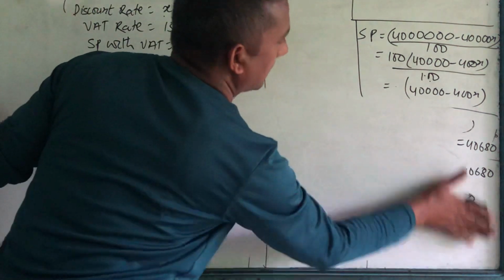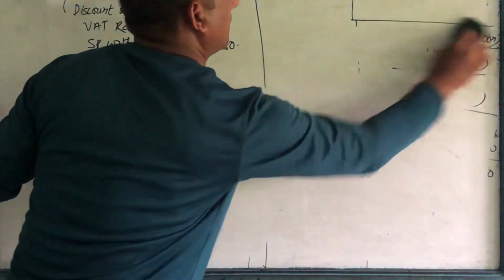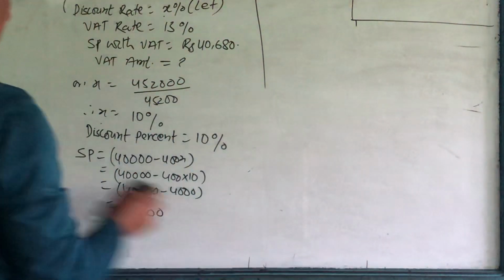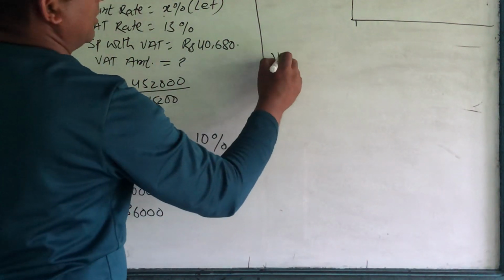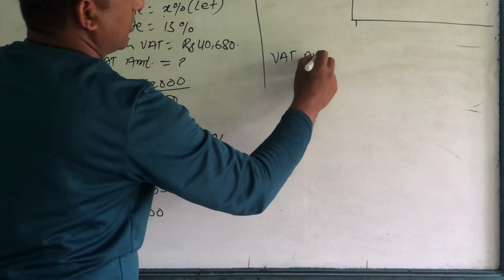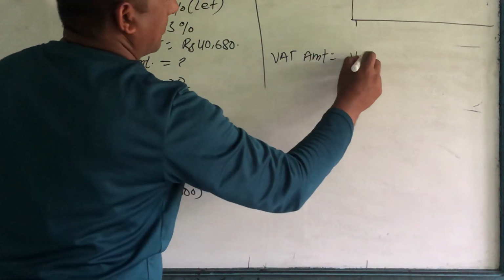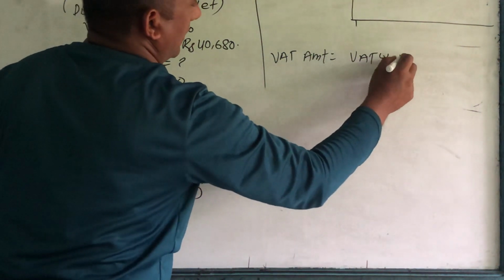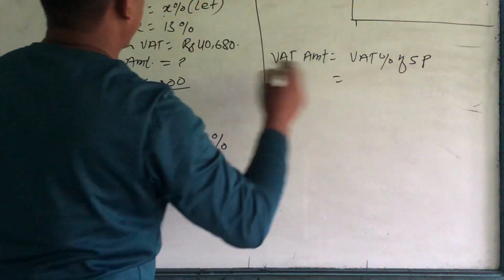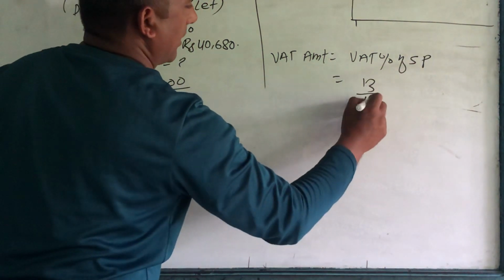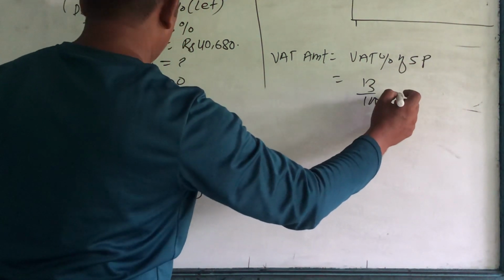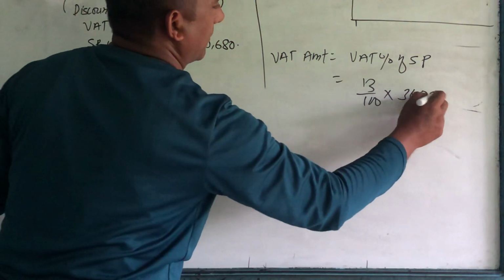Now we get the VAT amount equal to VAT rate, VAT percent of SP, and the VAT rate is 13 by 100 into what we got as SP, 36,000.